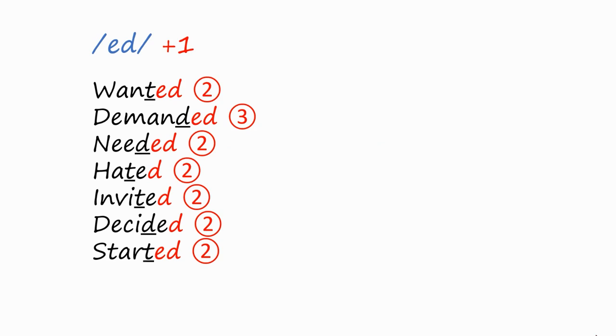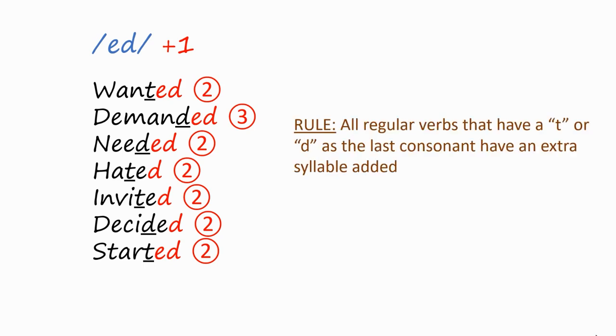Well, luckily, there is a very simple way to know if a regular verb gets an extra syllable in the participle form. And that is that if the last consonant is a T or D, then an extra syllable is added. And you will be delighted to hear that there are no exceptions to this rule.